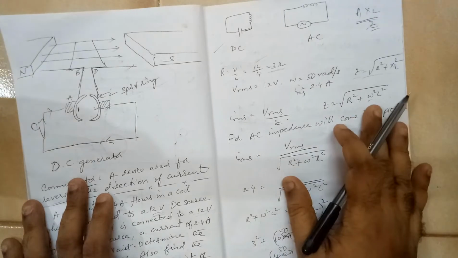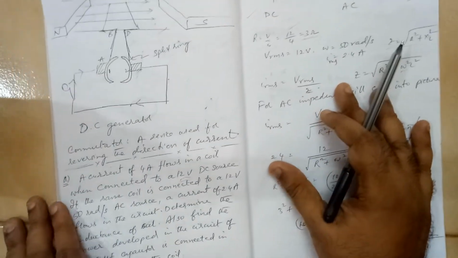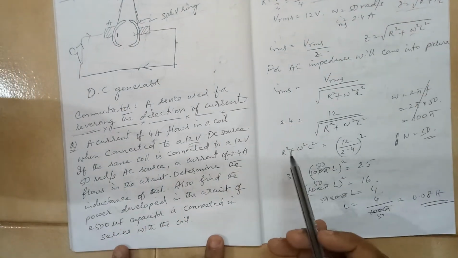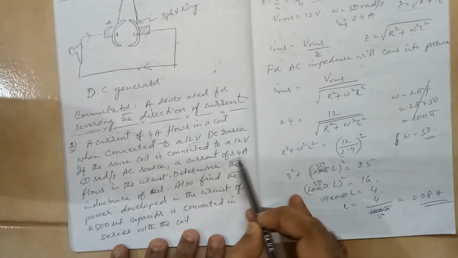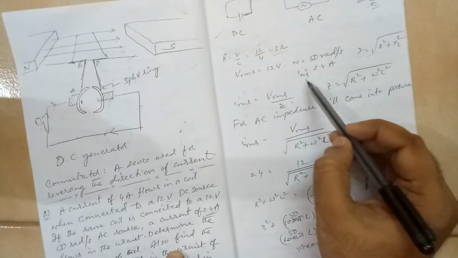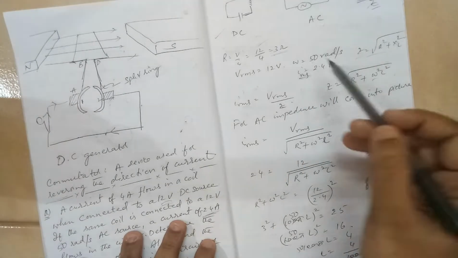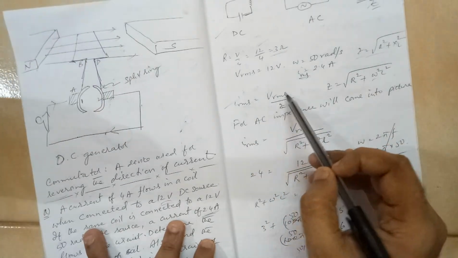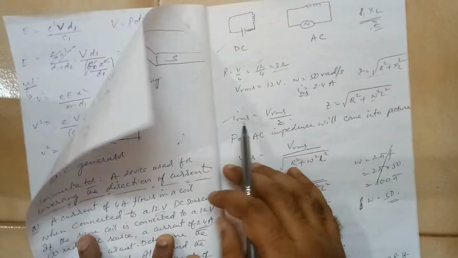Now you know that the current in the AC format is provided and it is equal to 2.4 amps. Which current has been provided? RMS current is provided. So IRMS is equal to voltage divided by the impedance.